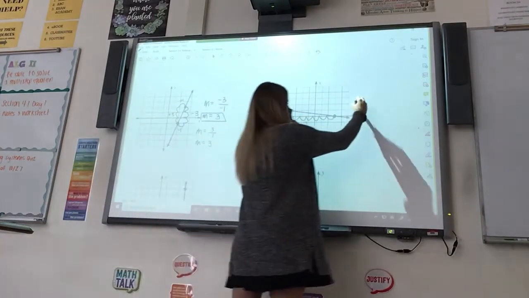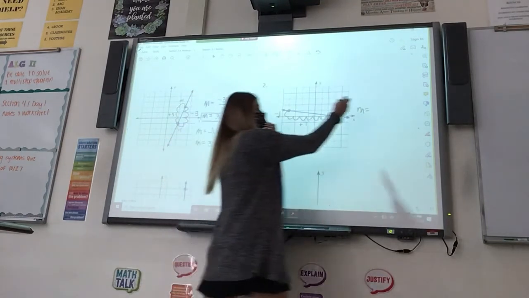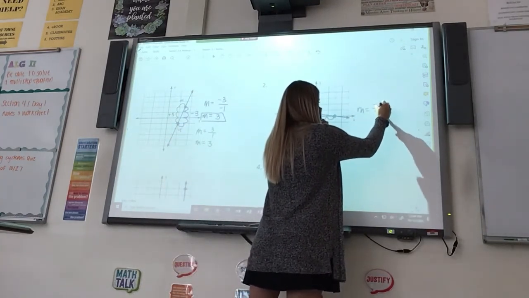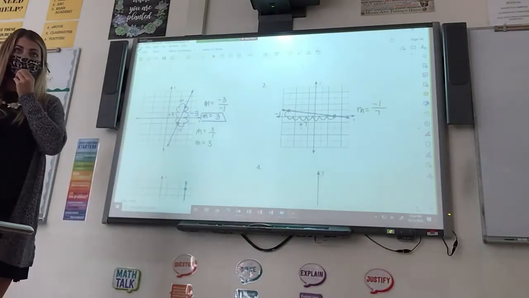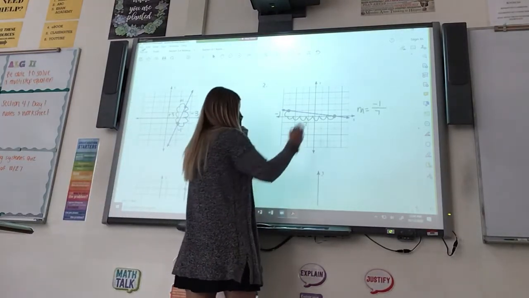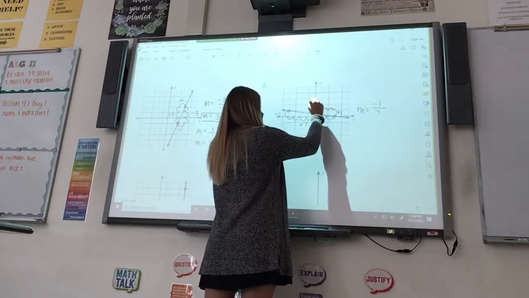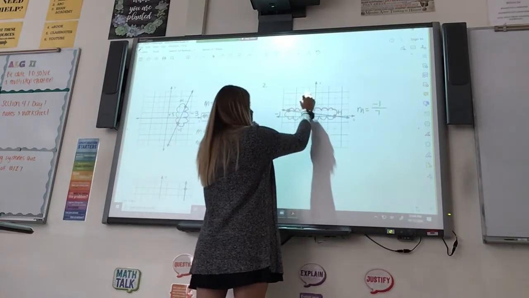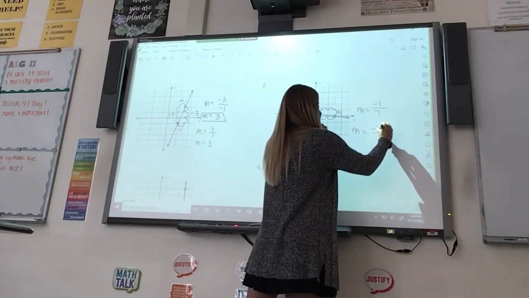So my slope is my rise on top, so -1 over my run, which is +7. Now if you went the other way, you would go up 1, and then 1, 2, 3, 4, 5, 6, 7 to the left. So that would be +1 over -7.